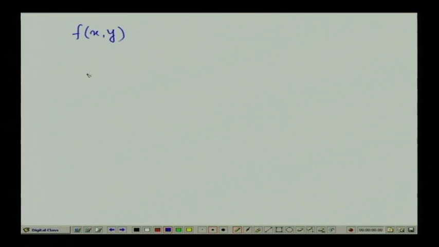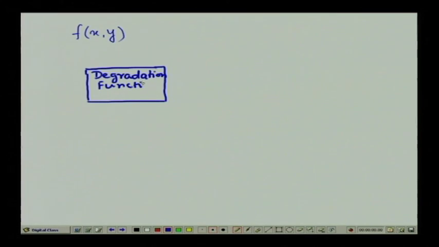So, we have a degradation function h which operates on the input image f x y.